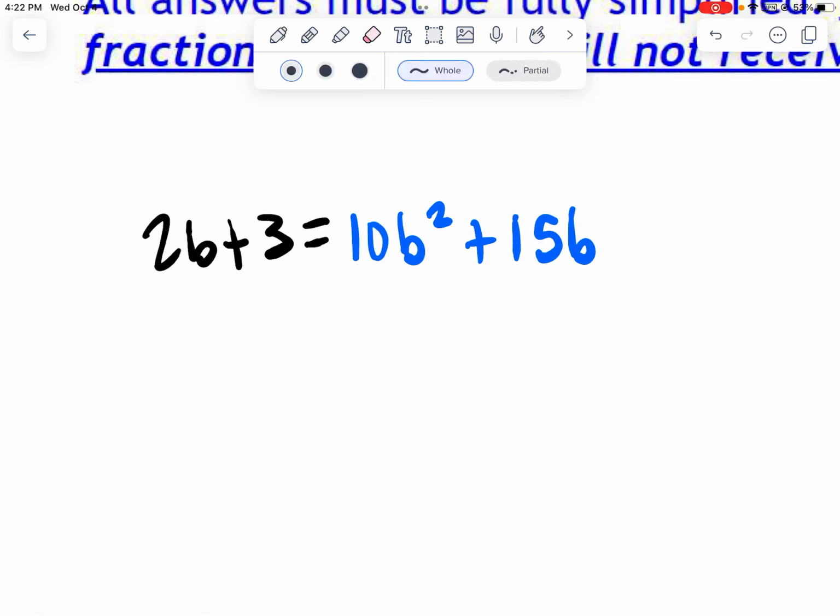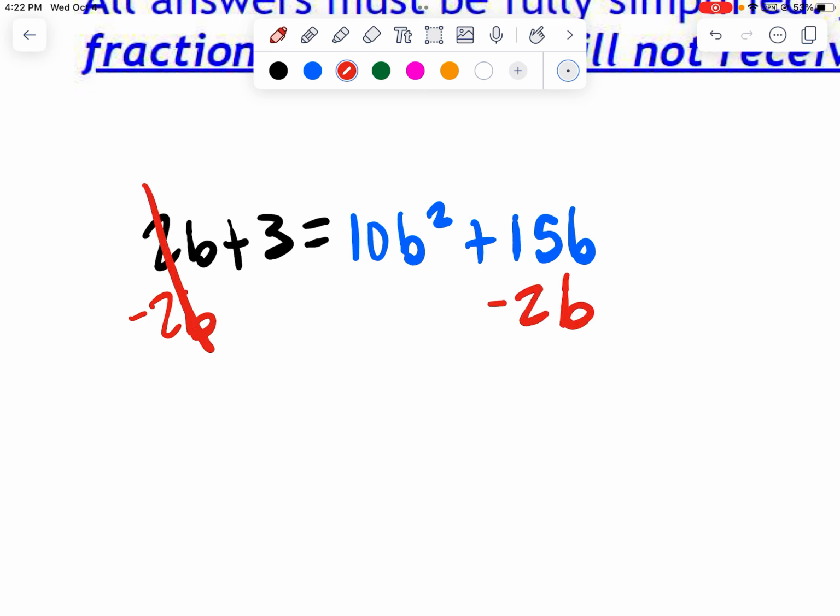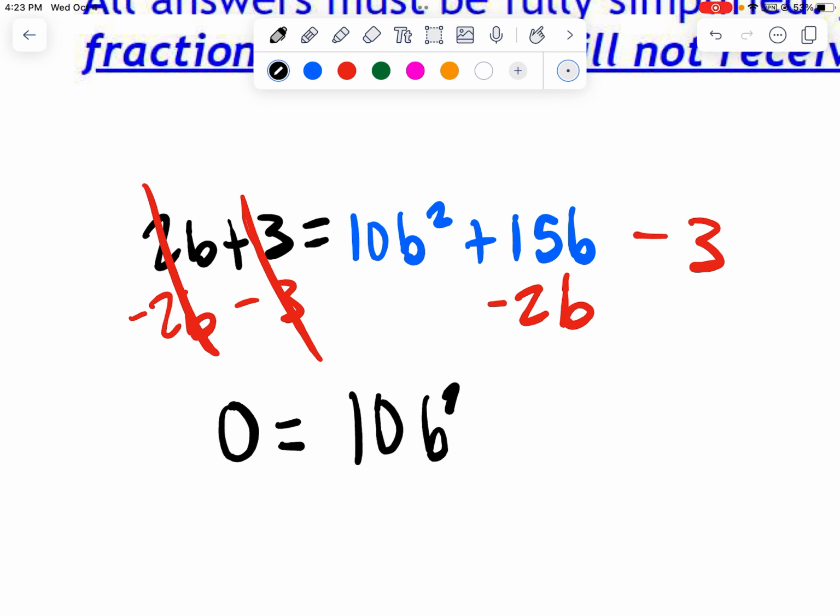We're going to move positive 2b by subtraction, so I'm going to subtract 2b on both sides, so that'll cancel. Adding 3, we undo addition with subtraction, so subtract 3 on both sides, so that'll cancel. And it leaves us with 0 equals 10b squared plus 13b minus 3.